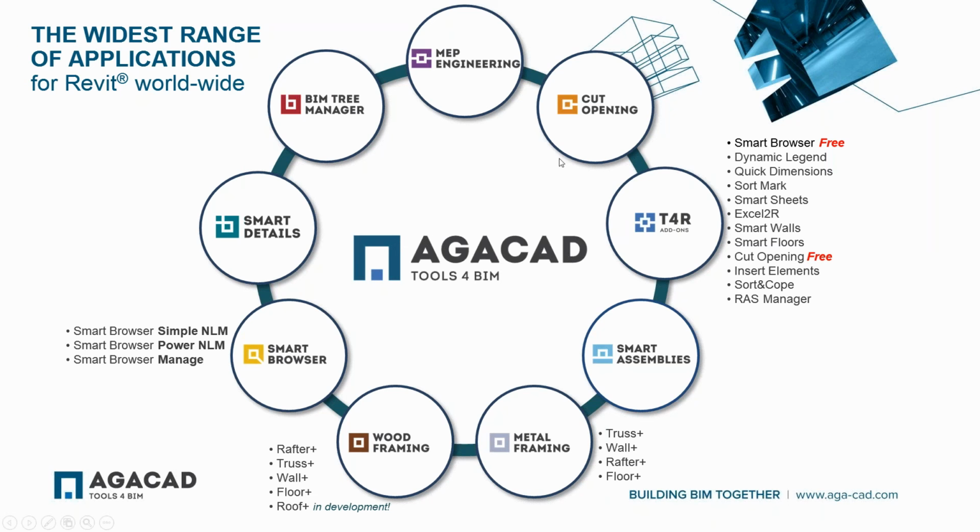Later on, these openings will be framed using Wall Plus or Floor Plus. Then we have MEP engineering solutions, very good for ventilation and for cooling and for energy calculations. Then we have Beamtree Manager, which is for working with parameters and parameter values which are created in the project. And then Smart Details for placing the details automatically.